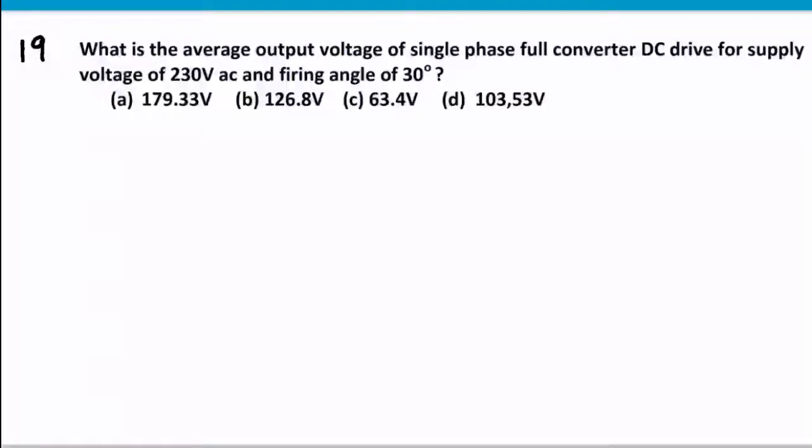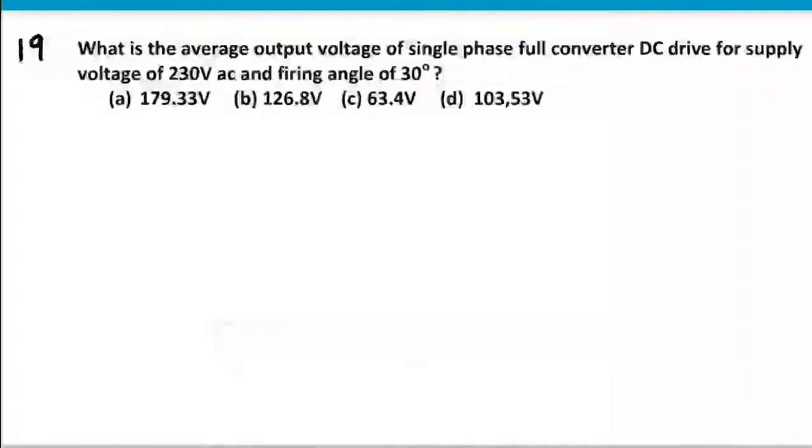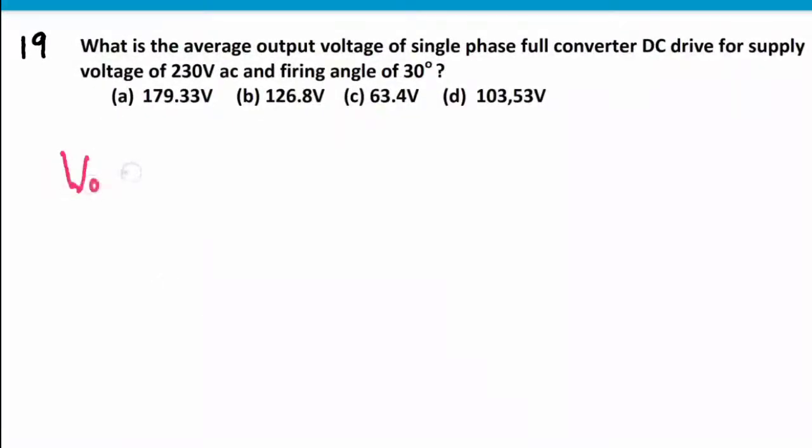Question number 19. What is the average output voltage of a single phase full converter DC drive for supply voltage of 230 volt AC and firing angle of 30? The formula, from DC drives, is V output equals 2 Vm by pi cos alpha.